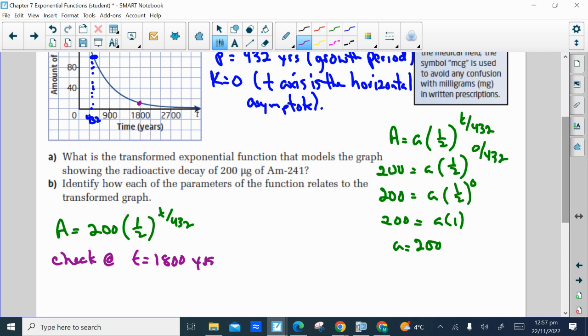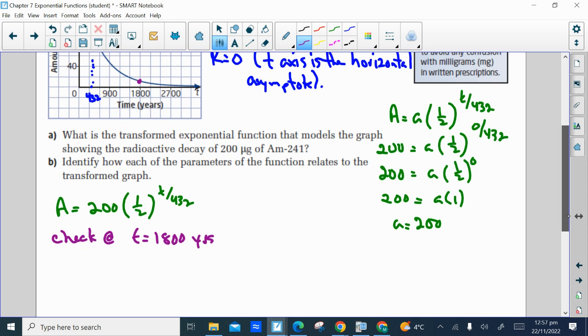Looks like it's a little bit higher than halfway between 0 and 20. So we know we should get something just slightly below 20 micrograms when T is 1800. So it'll be 200 times 1/2 to the power 1800 over 432.